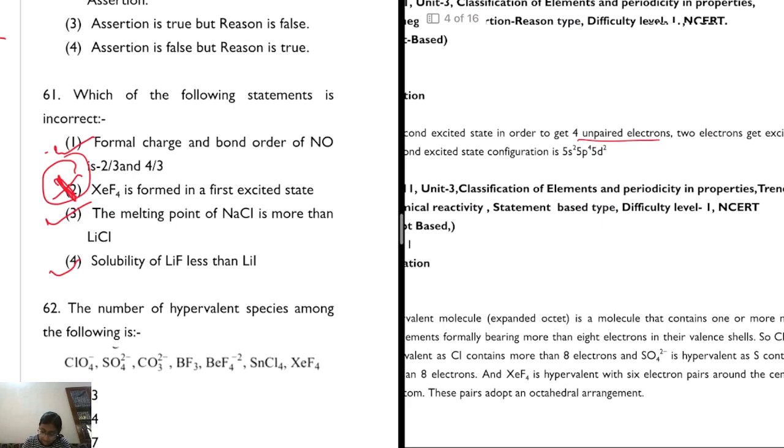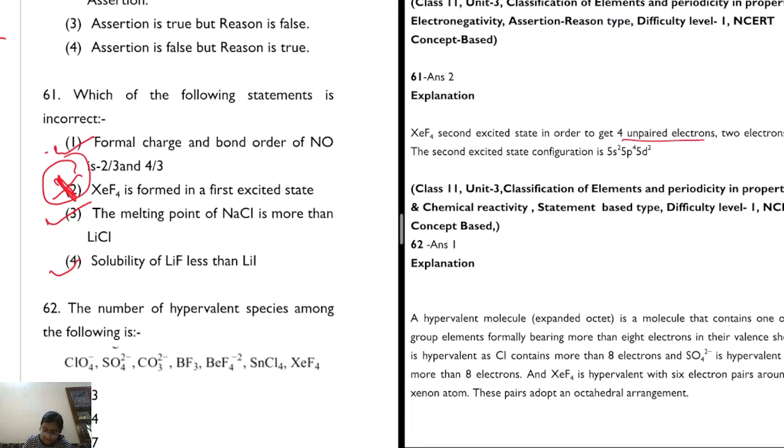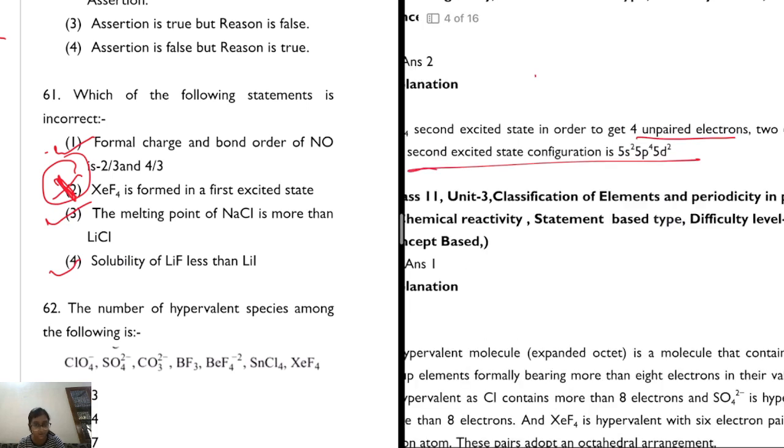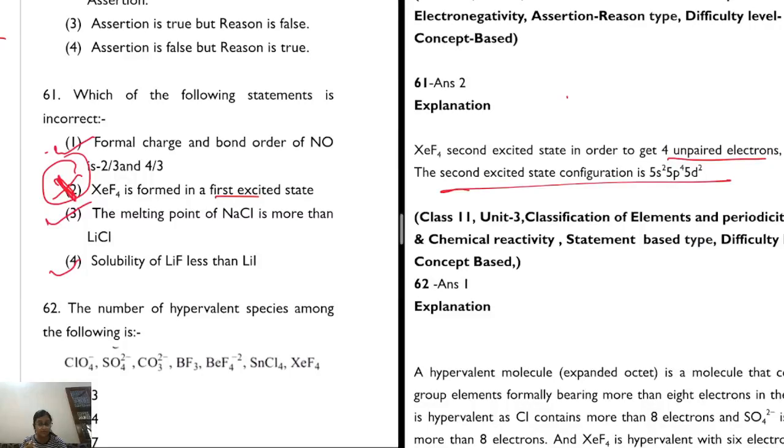See, if I have these many electrons in the second excited state, then earlier it would have had more electrons. So XeF4 will not be formed in the first excited state. It needs more electrons. In the first excited state, it will not lose four electrons. Okay, we want four unpaired electrons. That is why.